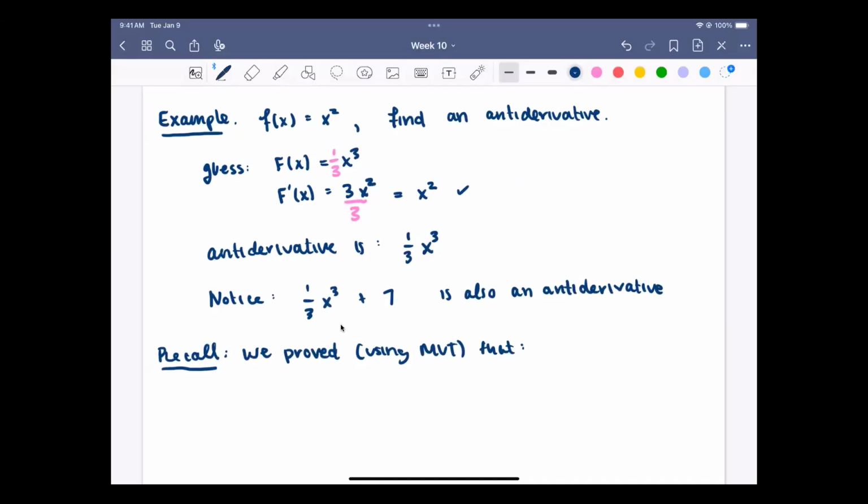Does this sound familiar? If two functions have the same derivative, they differ by a constant.